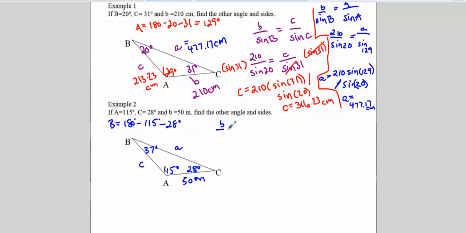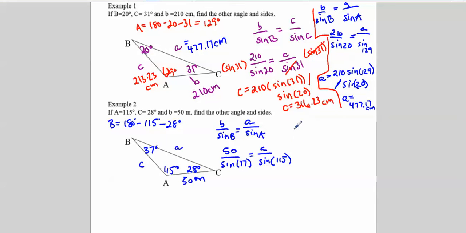We're going to do B over sine B equals, and you have your choice if you want to find A or if you want to find C. So I'm going to find A over sine A. So side B is 50, divided by the sine of 37. Side A we don't know, and that would be over the sine of 115.